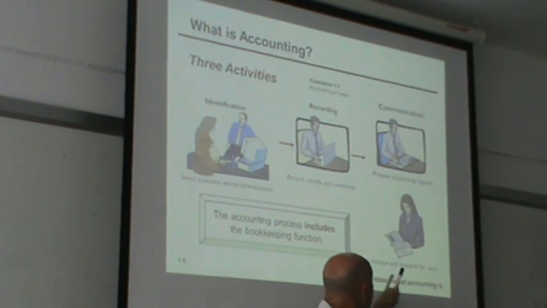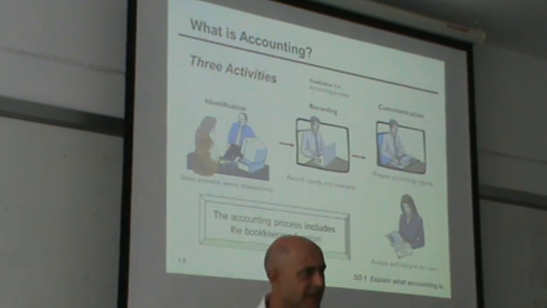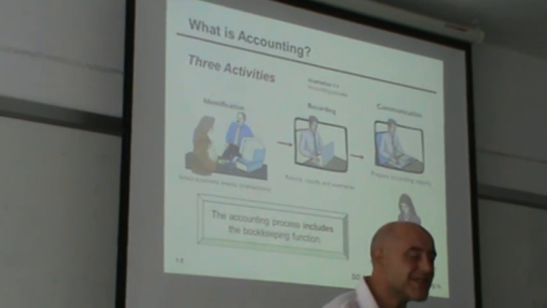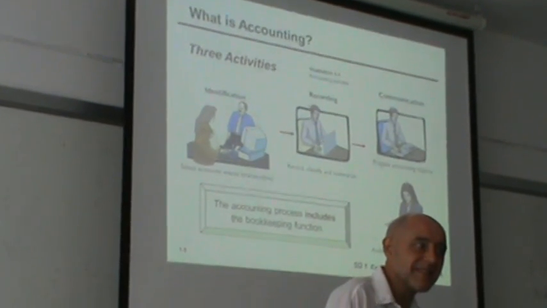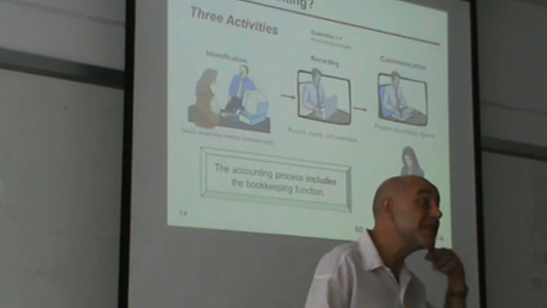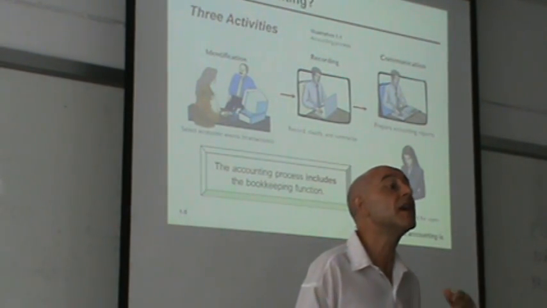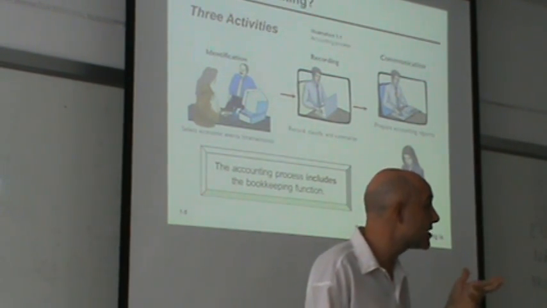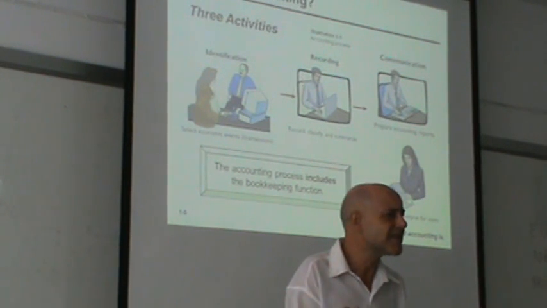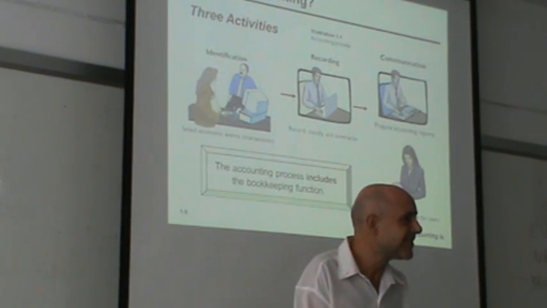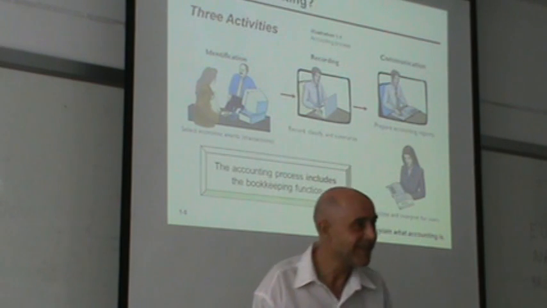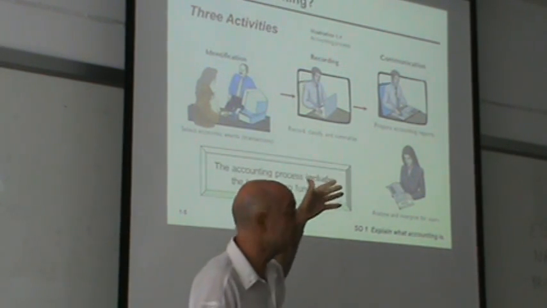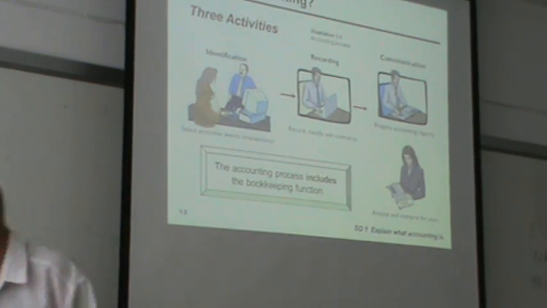You also need to interpret. 10,000 profit. Is this good or is it bad? Okay. All right. So you need to understand and make a meaning. Is this a good thing? It's like 22 students. Is this good or not good? Well, it depends, right? But you need to interpret. You need to communicate. So that's accounting.